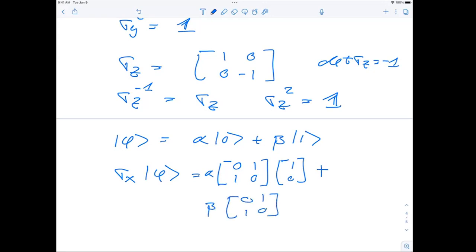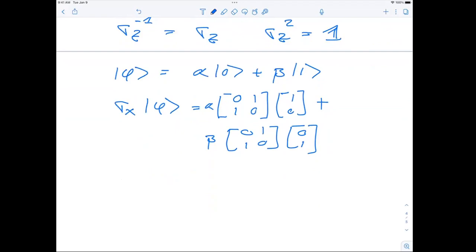And if you look at what happens here, this gives us alpha times (0, 1) plus beta times (1, 0).